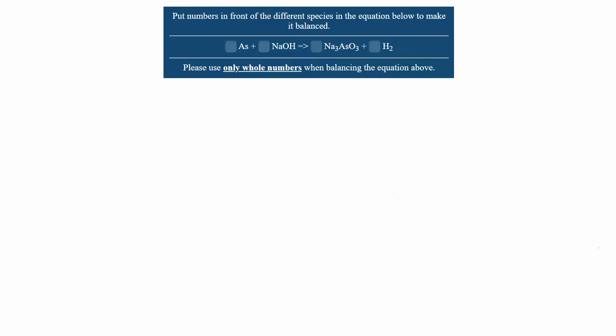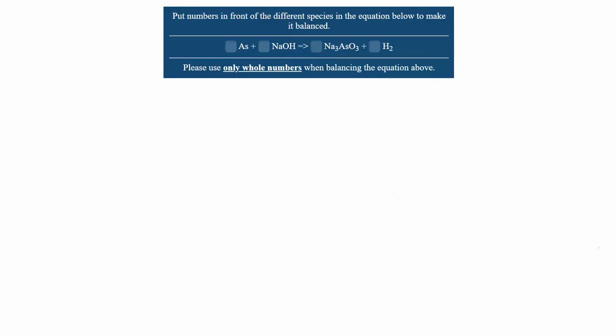But anyway, the focus is actually on the balancing of this equation, so I'm going to focus on that. Okay, so what have we got here? We've been asked to give our answer only in terms of our balancing, the final answer only using whole numbers.